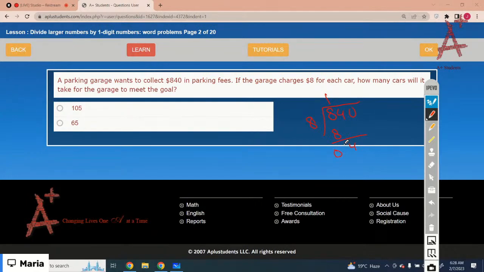We cannot divide a smaller number, so you have to bring 0 here and bring the next digit down. Now you have to count 8 till 40. So 8 times what number is 40? 8 times 5 is 40. Got it? That means in total, the garage will have to have 105 cars to meet the goal. Got it? So the correct option is 105.